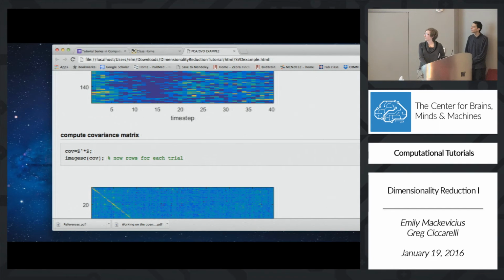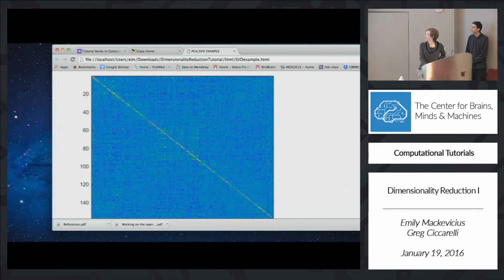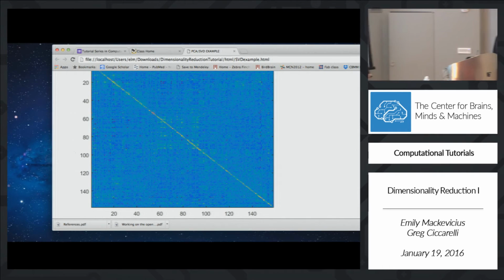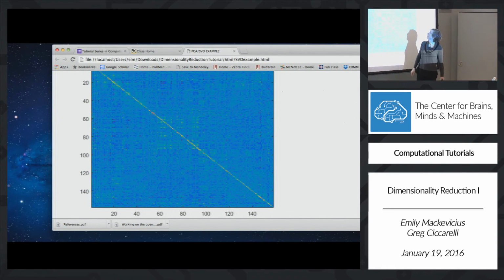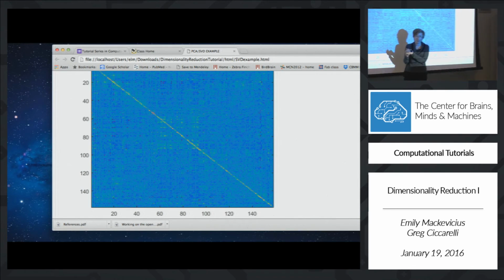So I can compute the covariance matrix of that matrix, and now this gives me the covariance between different trials. So it says that trials that had similar directions are highly correlated with each other.